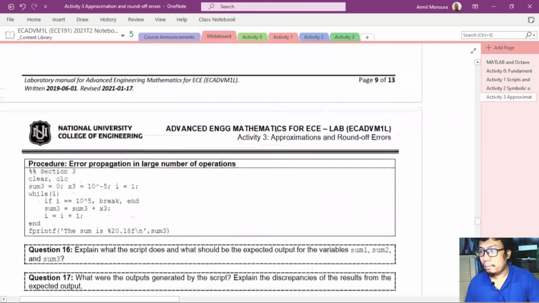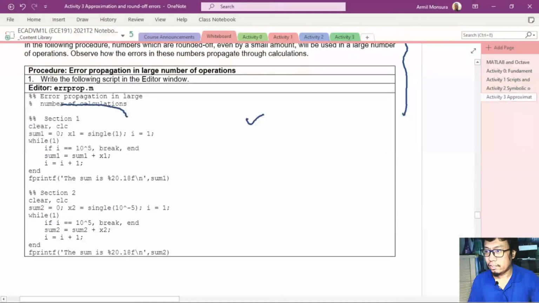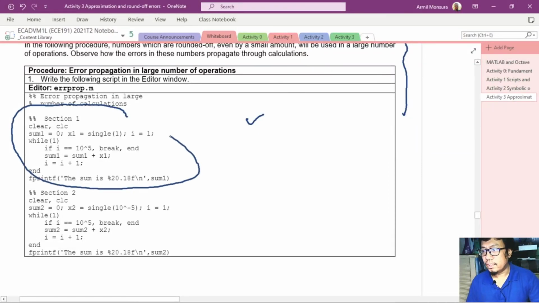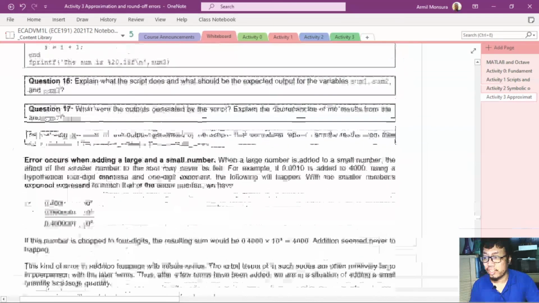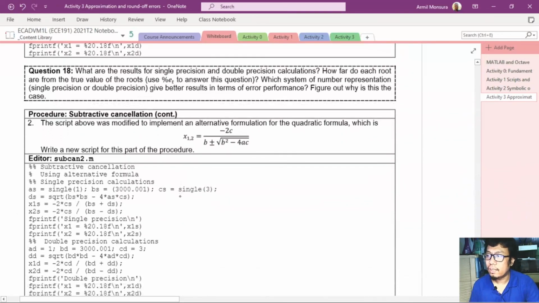I have here a script. For example, this one. Take a look at this one. This is an iterative algorithm that reports only the results. Same thing with this one.